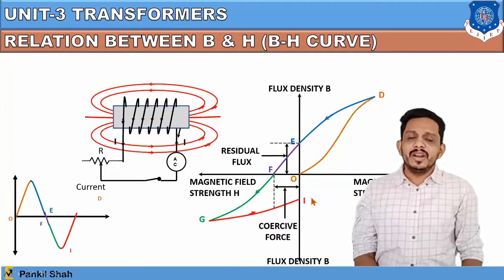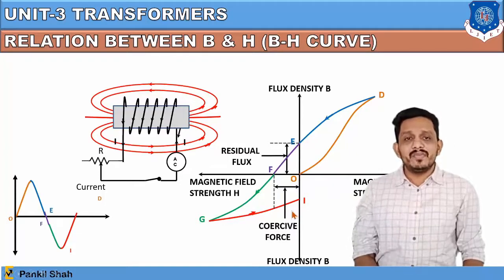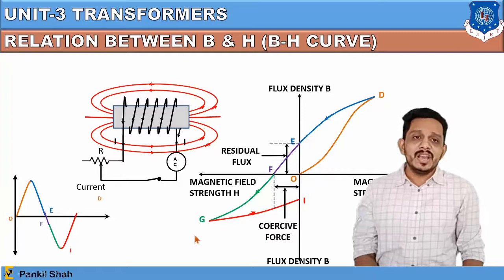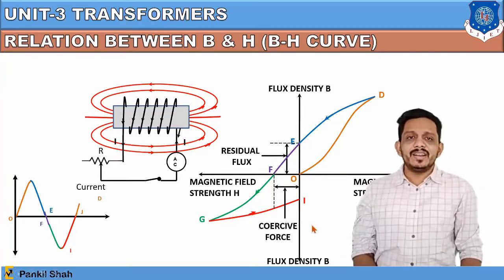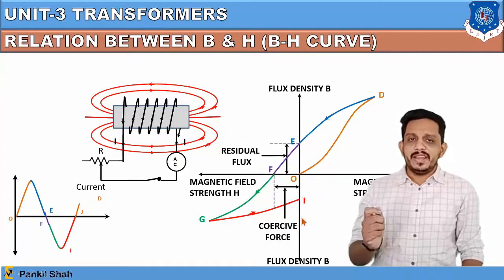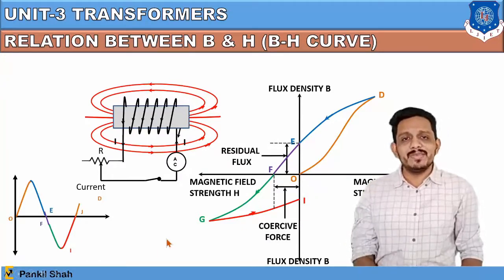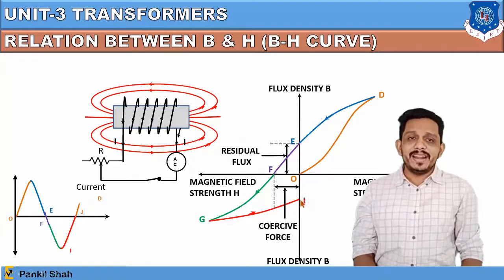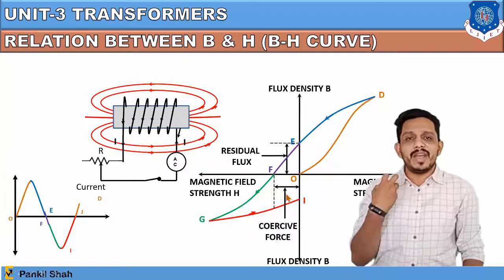So you can see this G to I portion is decreasing magnetic flux, or you can say magnetic flux density. You can see that this point I is again the residual magnetism, because if our electric current is zero but our magnetic flux density is not zero, that means it has stored some amount of energy in it.